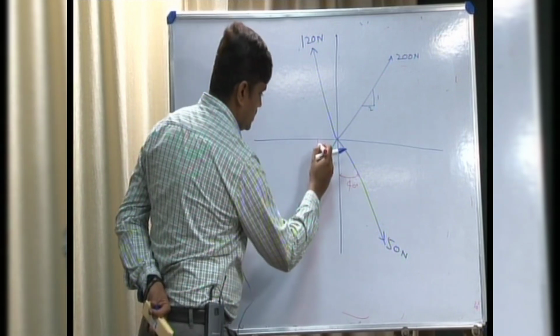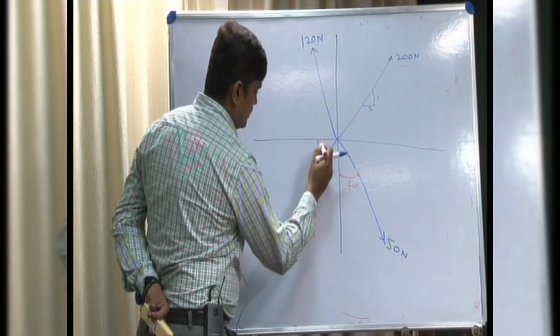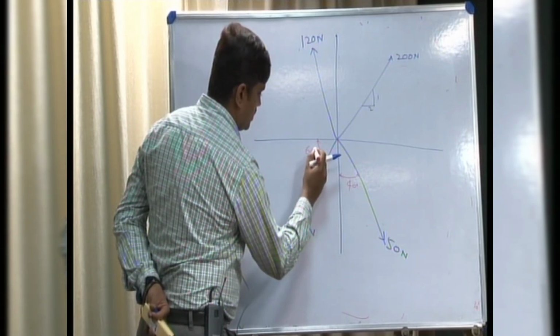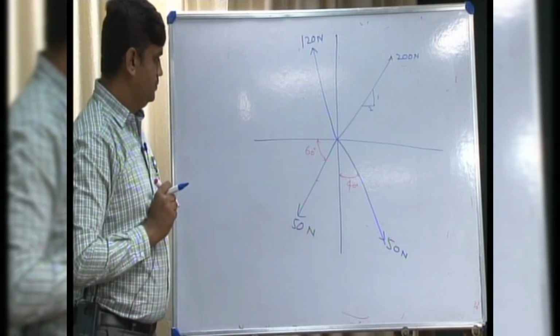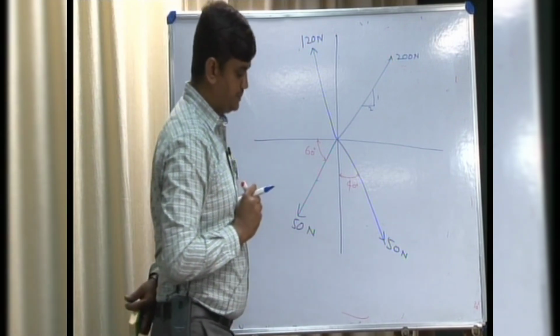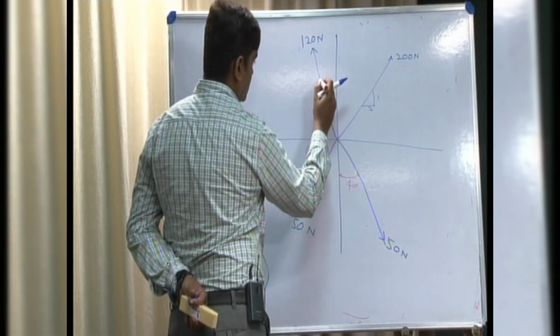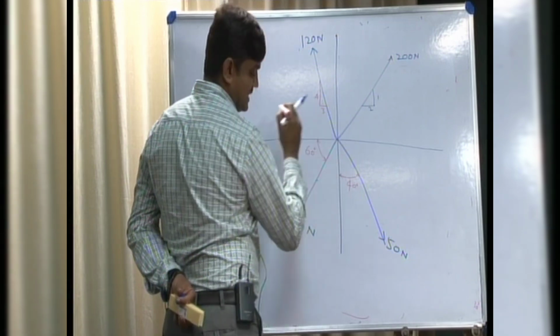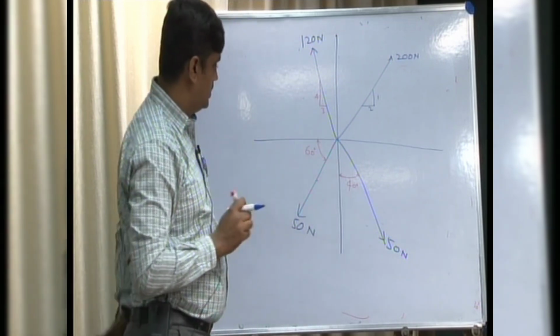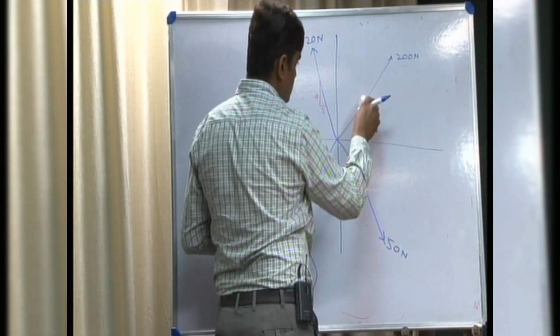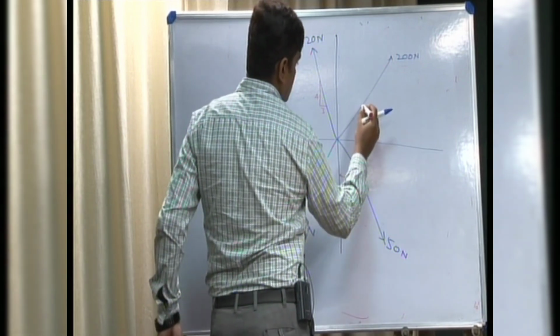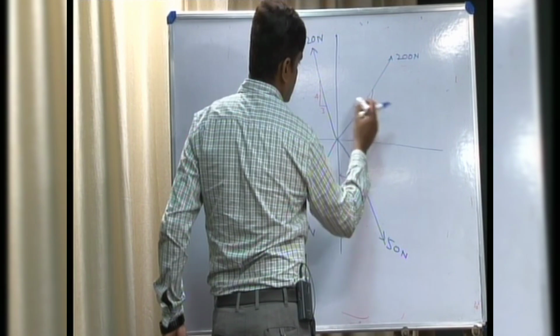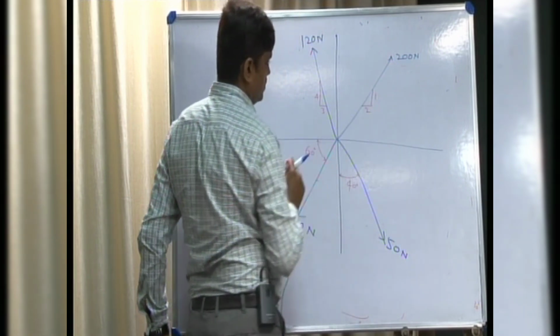Next, the slope is here 4 vertical, 3 horizontal.